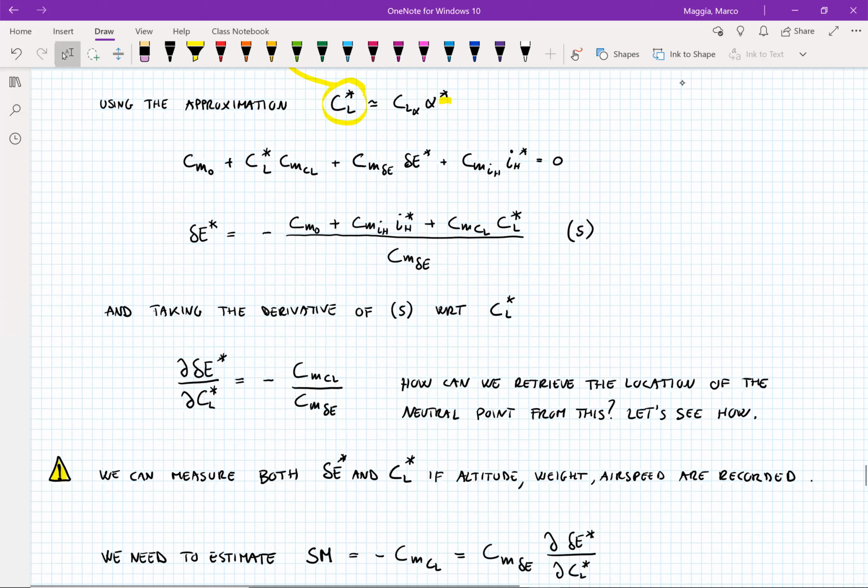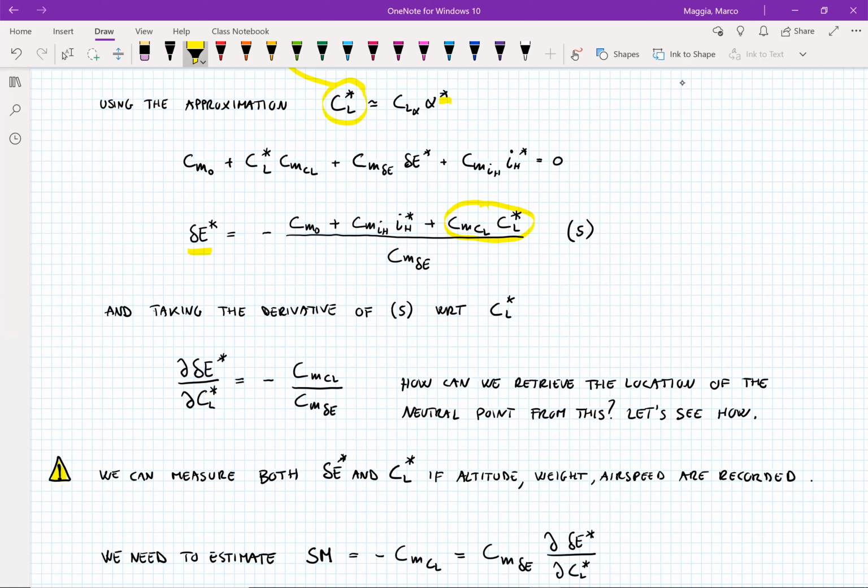And by explicating the value of the elevator deflection, the trimmed value of it, that is almost the expression that you guys are familiar with. The only exception is that now we have CM CL and CL trimmed.